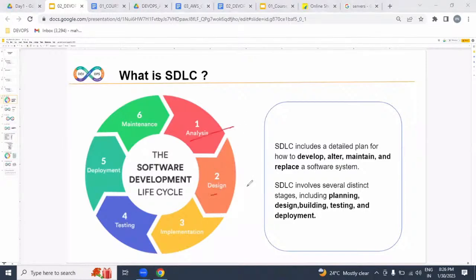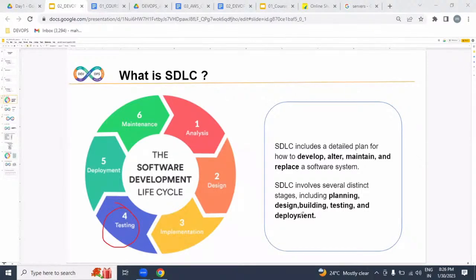For maintaining our application, what kind of infrastructure do we require? We require servers, network, database, storage, and so on.